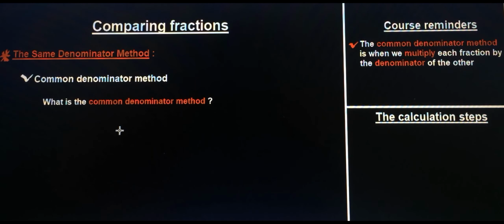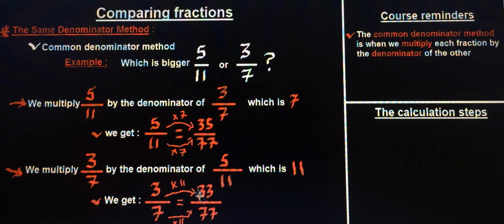Common denominator method. What is the common denominator method? The common denominator method is when we multiply each fraction by the denominator of the other. Let's do this example. Which is bigger, 5/11 or 3/7?